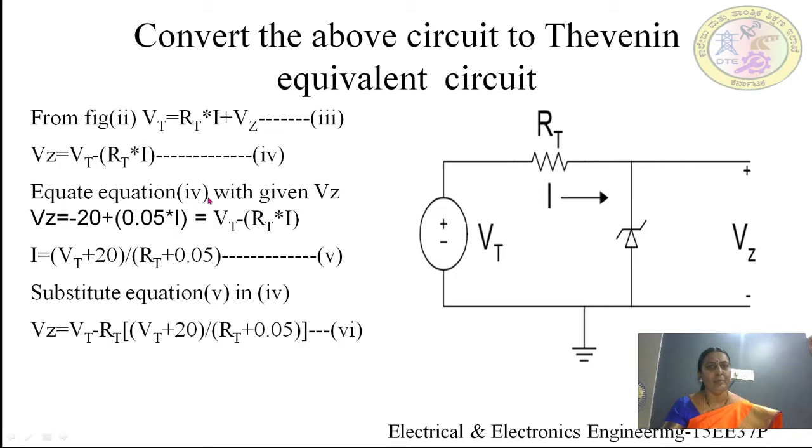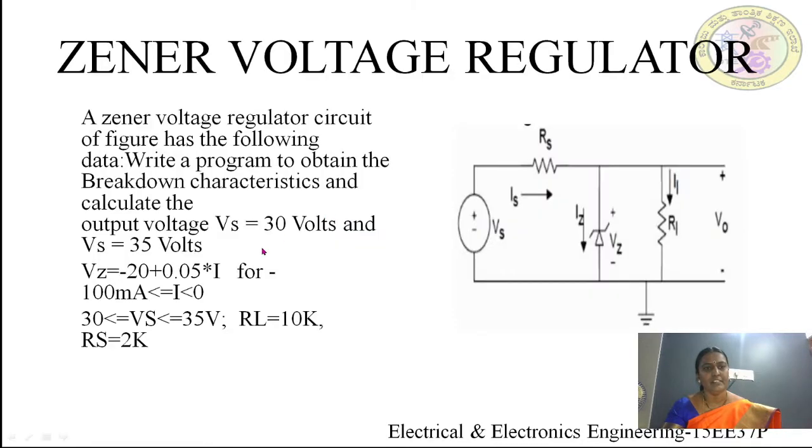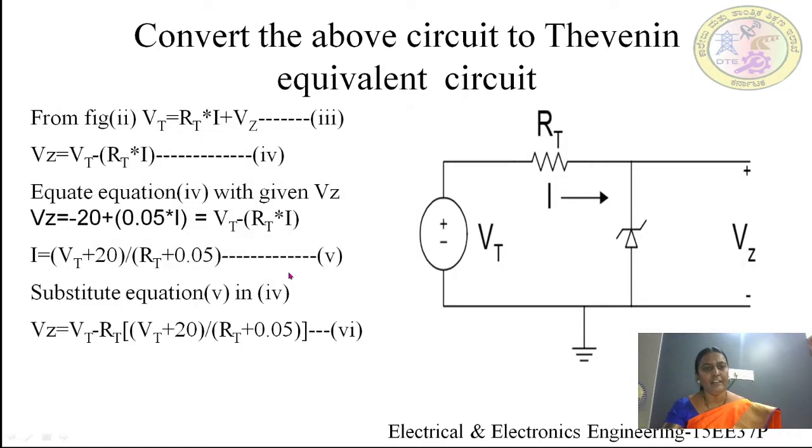Equate equation number 4 with the given Vz, that is Vz is equal to minus 20 plus 0.05 into I. If I equate that, I will get the current as Vt plus 20 divided by Rt plus 0.05.